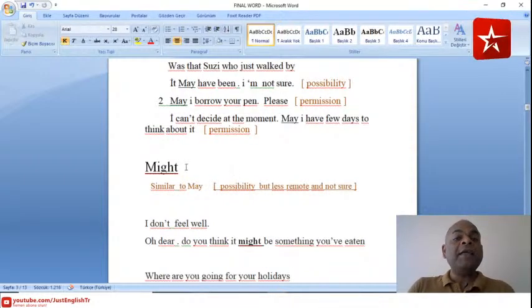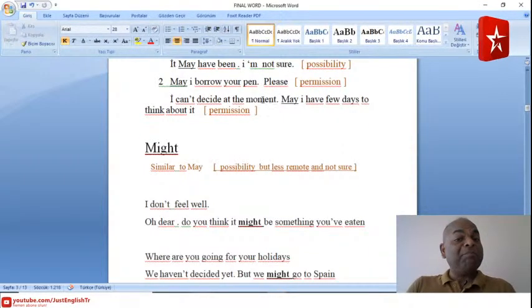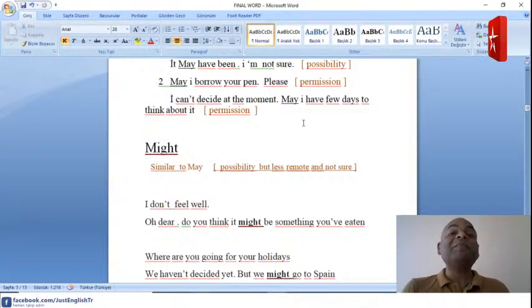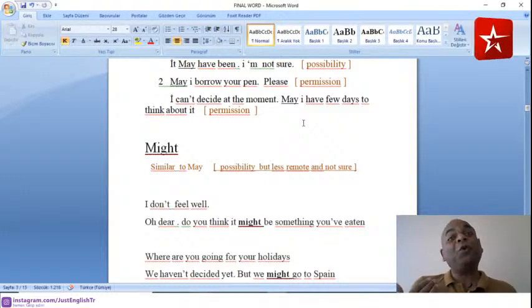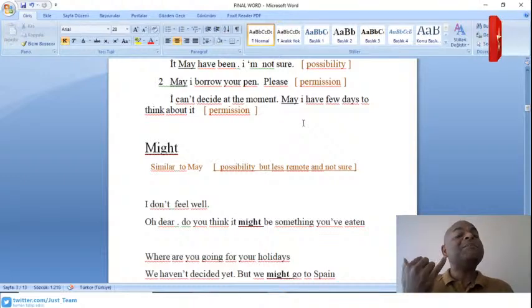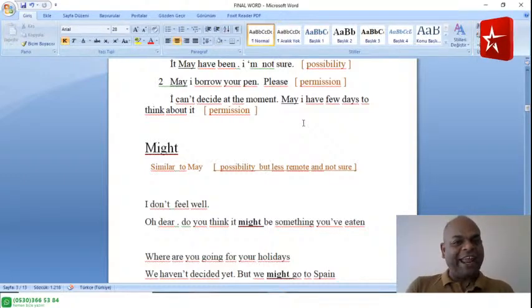It says here, may I borrow your pen, please? Now, guys, remember, may has two tips to remember. May, first of all, is a polite way to ask, and remember, it's a possibility or a permission. All right, guys? Great.